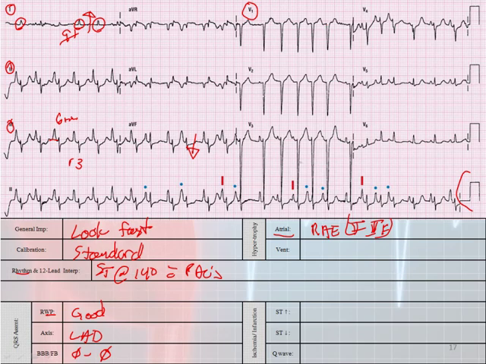I'd have to find out where these P waves are, but I can't really tell. So we can't use V1 as a confirming criteria, but we have it in at least one lead in the hexaxial lead, so I know that there is a right atrial enlargement. So let's go ahead and finish interpreting this 12 lead here. So sinus tach at 140 beats per minute with PACs, left axis deviation, and a right atrial enlargement.